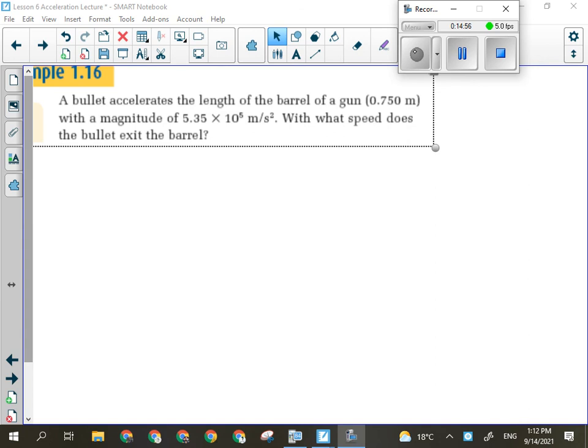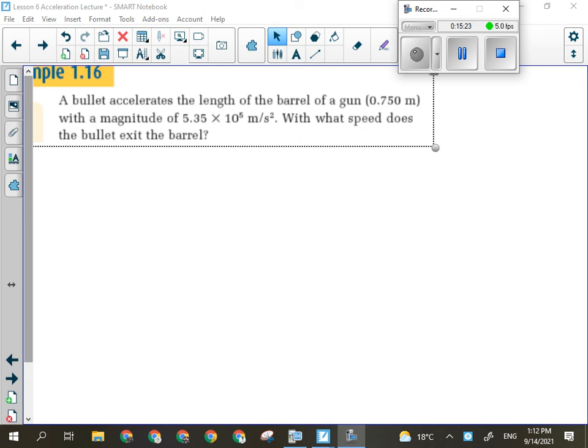This question is one of the examples of where Hollywood very often misrepresents what happens in real life. If you've ever watched any action movies where there's any gunplay of any kind, everybody always hears the sound of the gun, and then the bullet goes whizzing by them or hits them or whatever.